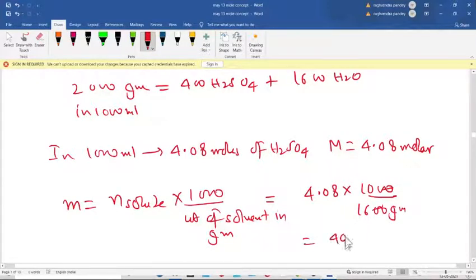So it will be 40.8 divided by 16. Okay, 2.55. So let's take 2.55.